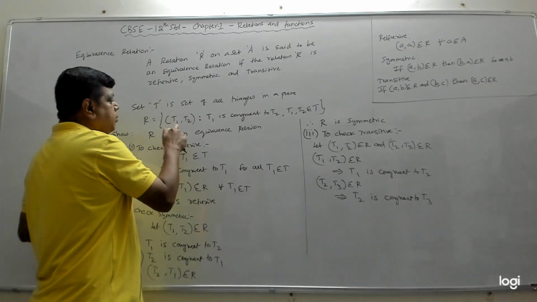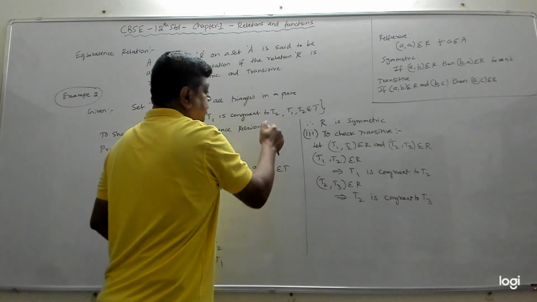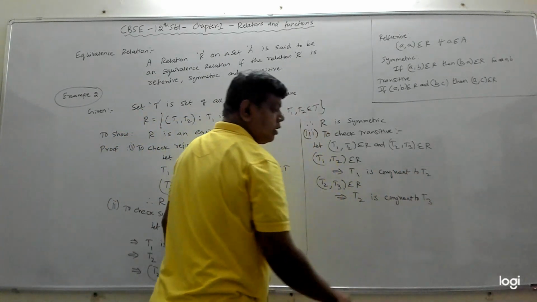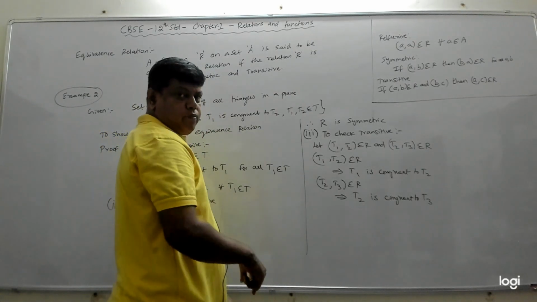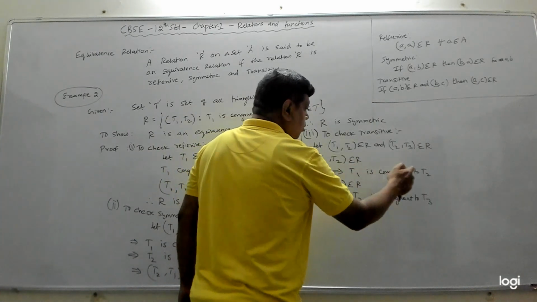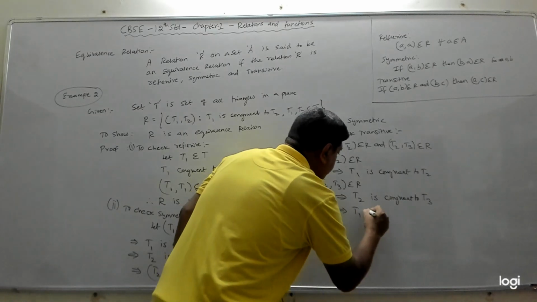Now T1 is congruent to T2 and T2 is congruent to T3, which means, as per the rule of triangle congruency, we can say this implies T1 is congruent to T3.